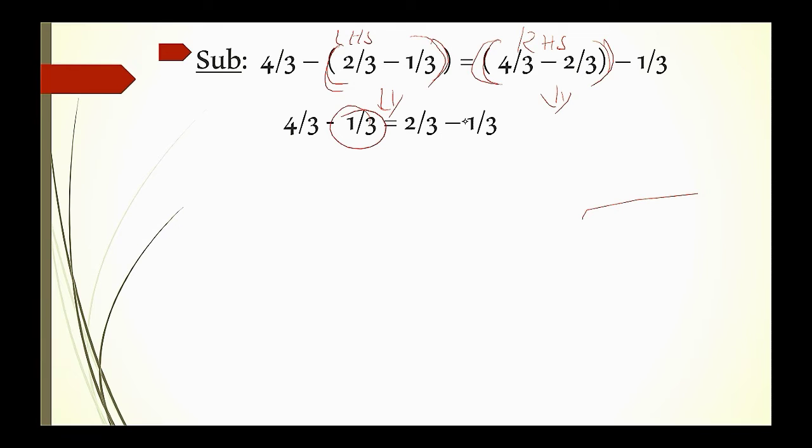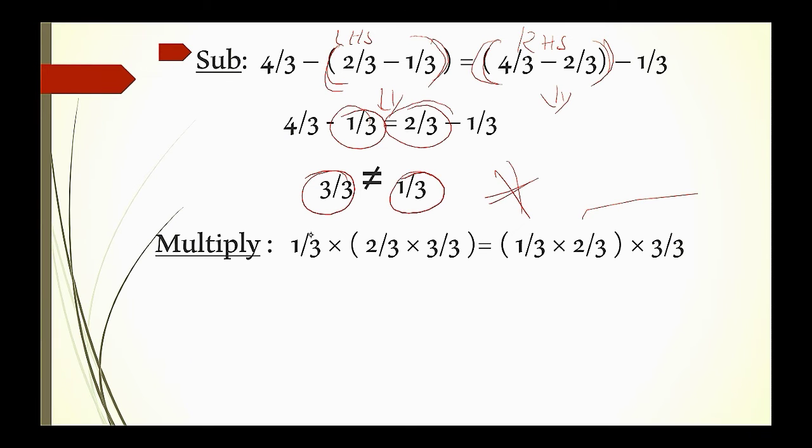When I solve 4 by 3 minus 2 by 3, I am getting 2 by 3. Here the answer is 3 by 3, and here the answer is 1 by 3. Both are not equal to each other. Therefore, the associative law is not satisfied by subtraction.